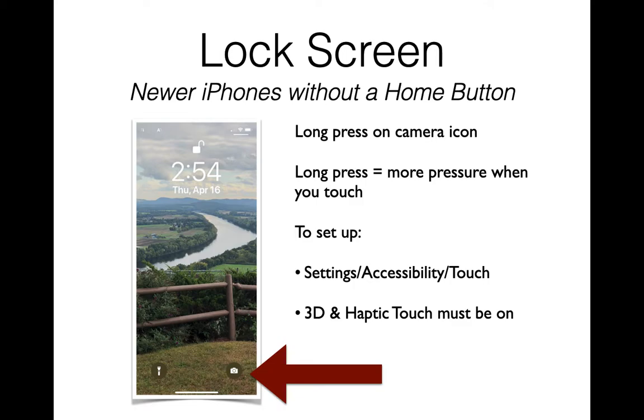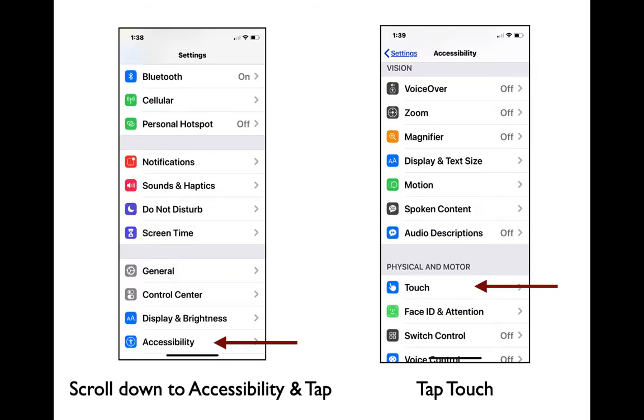Let's look at that a little more closely. So on the left, you see the screen for settings in an iPhone. And if you scroll down to Accessibility, and tap there, you will see the screen on the right. And again, if you scroll down, you'll see the word Touch.